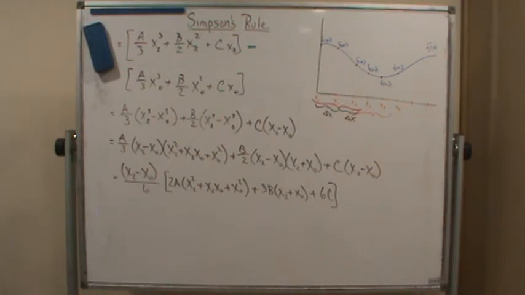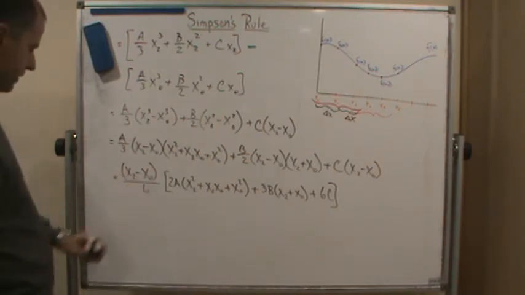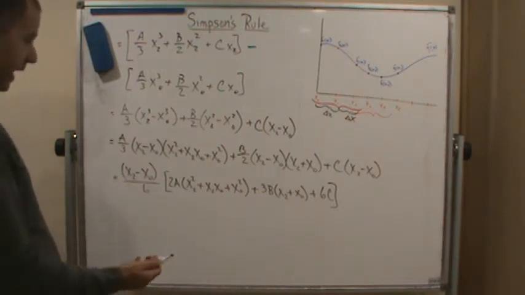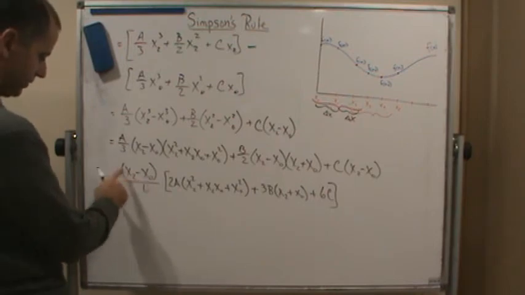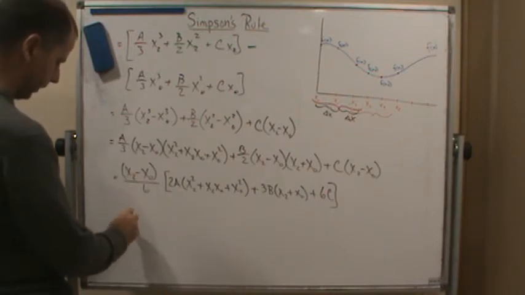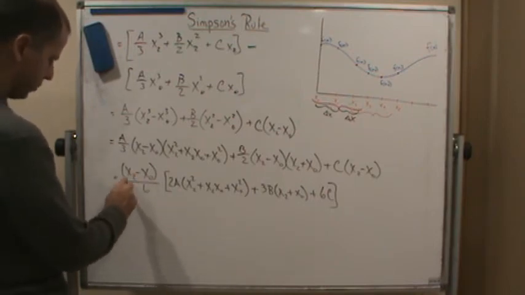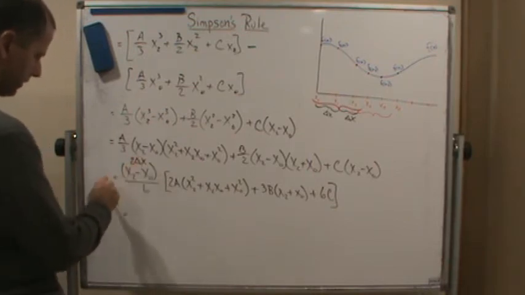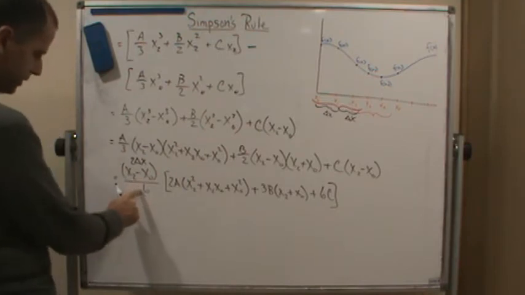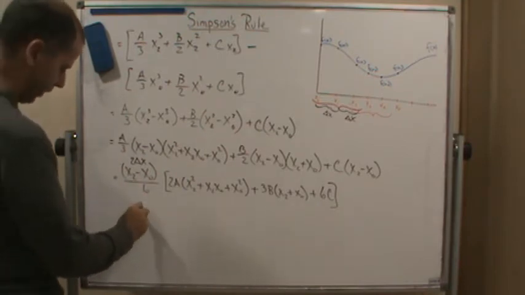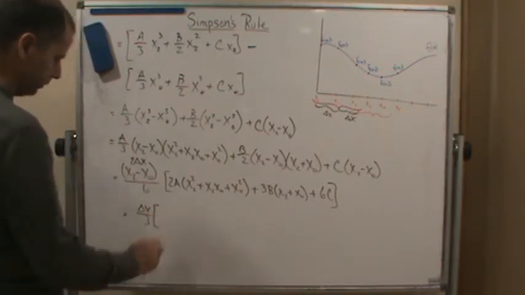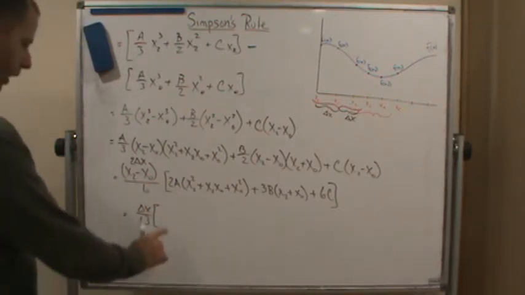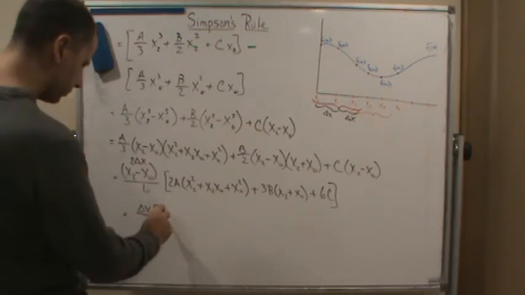Okay. So now this x2 minus x0 is just 2 times delta x, right? Remember, we defined this as 2 times delta x. So this is going to be 2 times delta x, which means the 2 is going to cancel with the 6, and so we get delta x over 3. Okay, now I'm going to distribute the 2a.